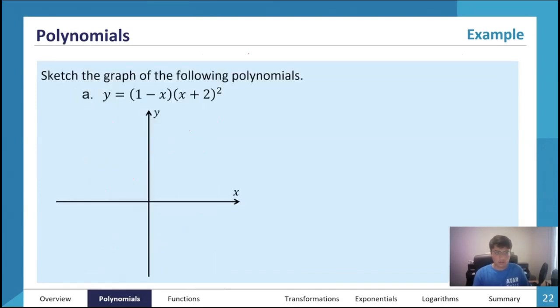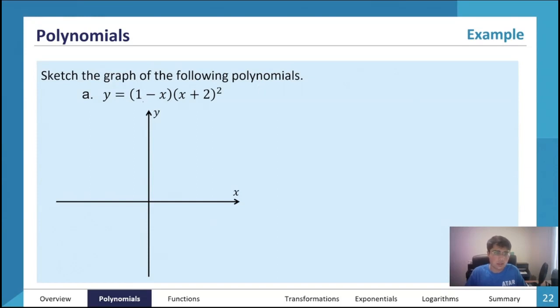All right. We're now moving into some sketching practice. So we need to sketch this polynomial here. First of all, what form is it in? It's got brackets, so it's most likely in factorized form, and that would be true. So since it's in factorized form, the information it gives us at face value is the x-intercepts.